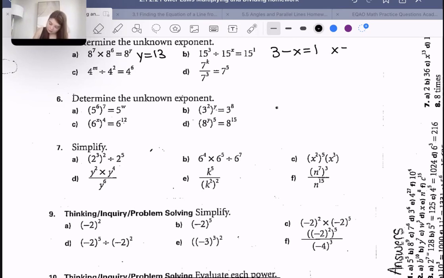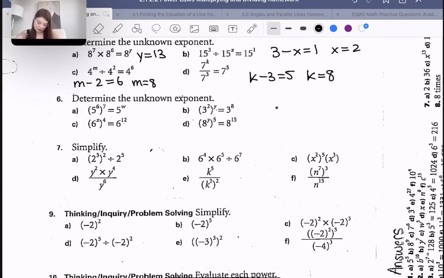So x would be 2. And then for this one, m minus 2 would have to give us 6. So therefore, m would be 8. And then here, k minus 3 would have to give us 5. So k would once again, or I guess the last one was m, not k, but the answer once again for the unknown exponent would be 8.